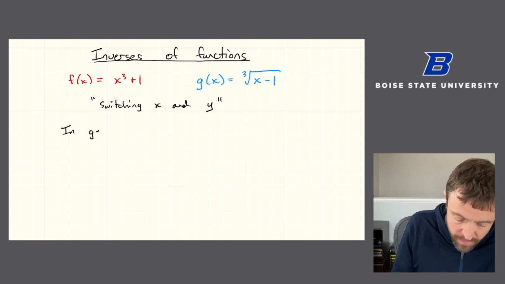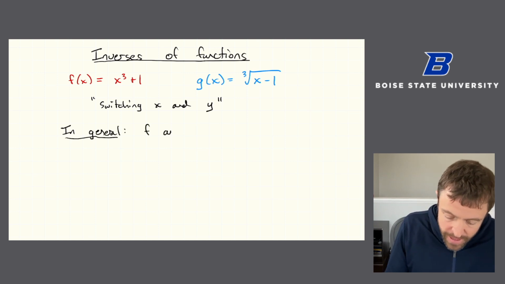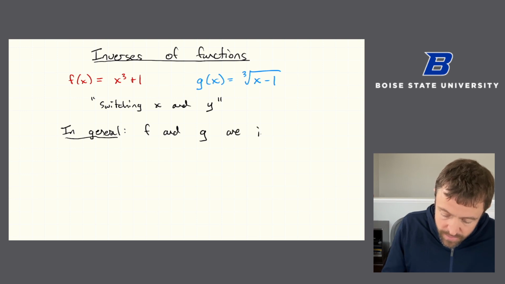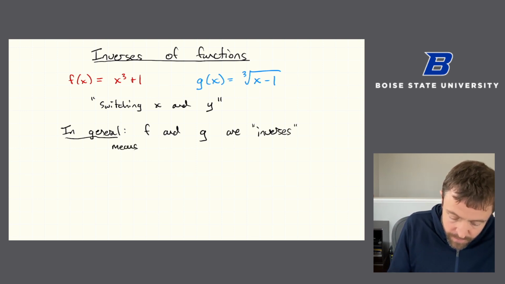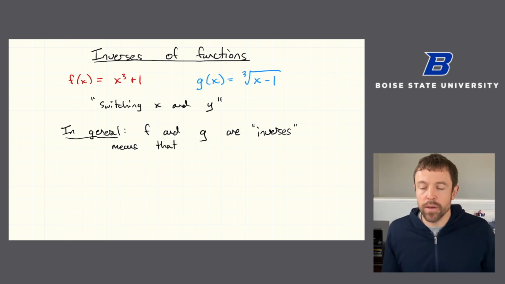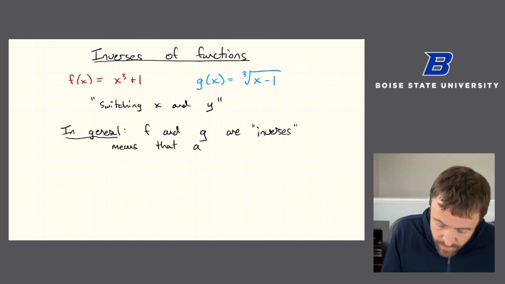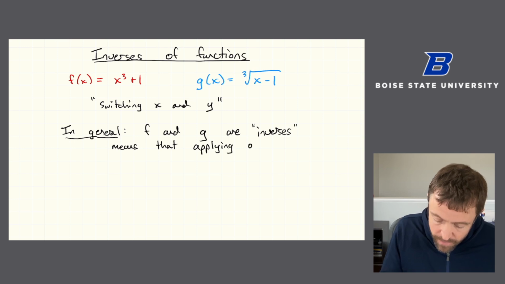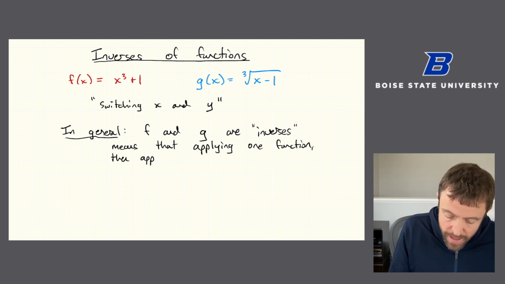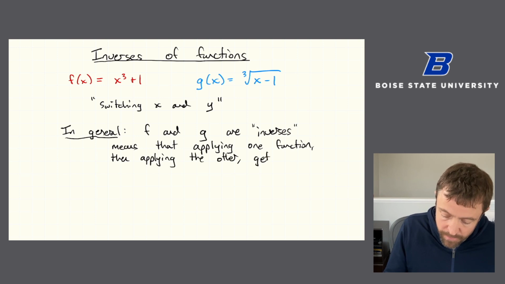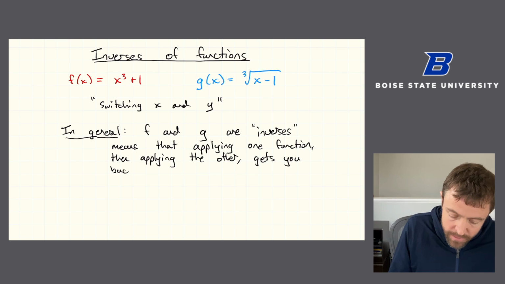In general, when we say that f and g are inverses, it means that doing one and then doing the other gets you right back where you started. And so let's look at an example.